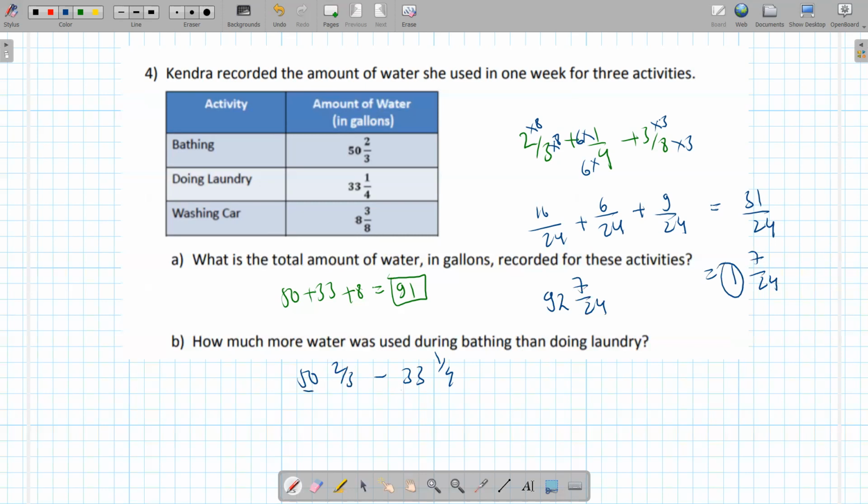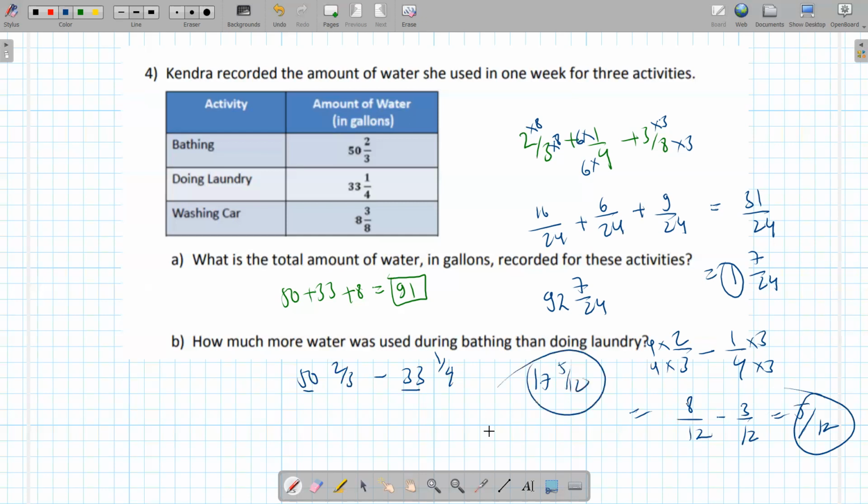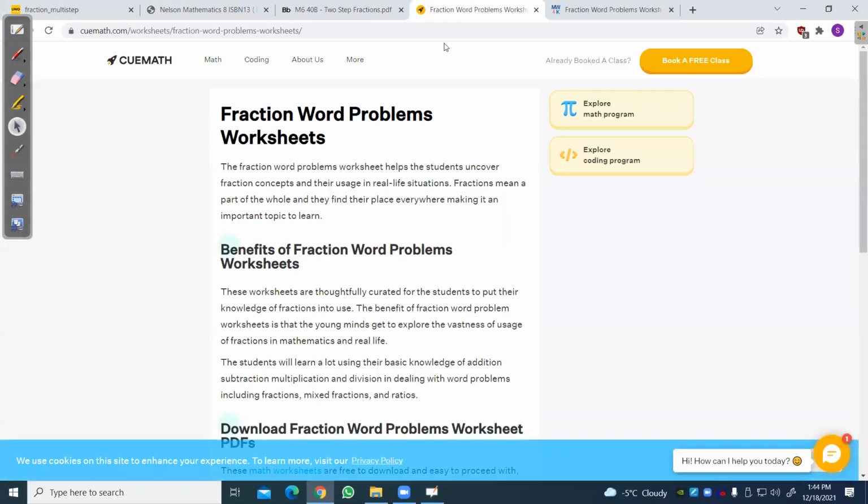We can just do 50 minus 33, which is 17. And then on the side, we can do 2 over 3 minus 1 over 4. So take the common denominator, which is 12. Multiply this by 4, multiply this by 3. So 8 over 12 minus 3 over 12 is 5 over 12. And then you just add this to the 17. So 17 and 5 over 12. We don't really need to convert it if we don't have to. Even this way is easier because you don't have to multiply big numbers. You can kind of do it in your head.